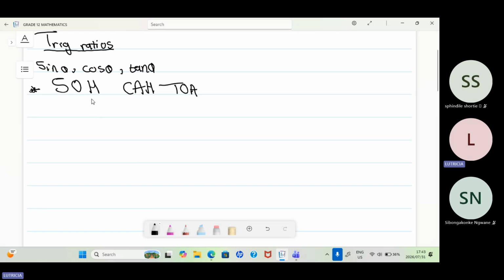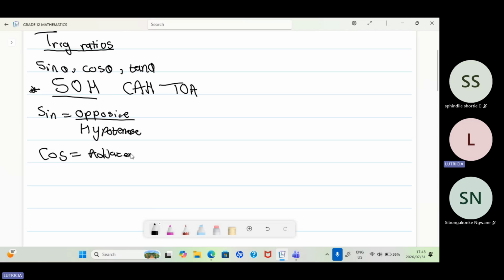So what SOH CAH TOA stands for is: SOH means sine is equal to opposite over hypotenuse. And then CAH is going to be cos, and the A here stands for adjacent, and then the H is over hypotenuse.